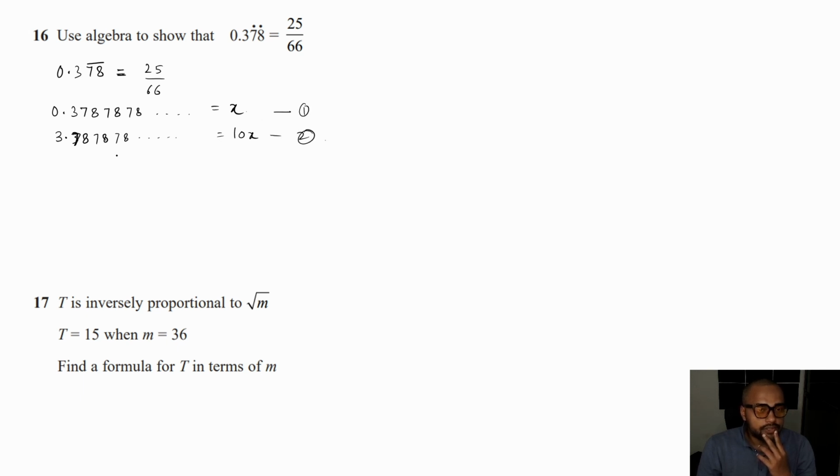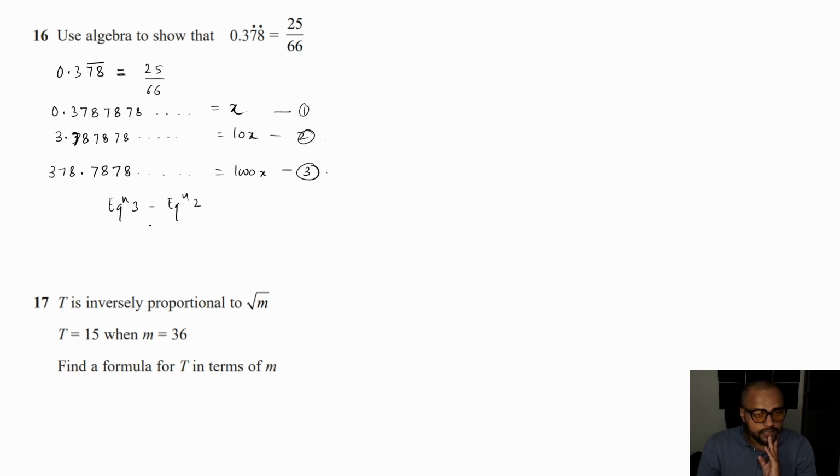Now in the first equation itself we need to multiply by 1000, so it will be equal to 378.7878. So 1000x, I multiplied 1000 into the first equation. Now subtracting equation number 3 and equation number 2, equation 3 minus equation 2.